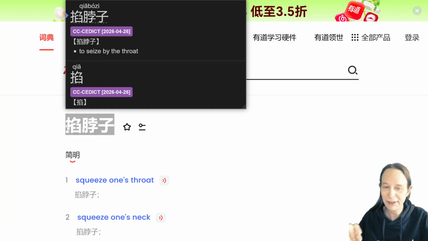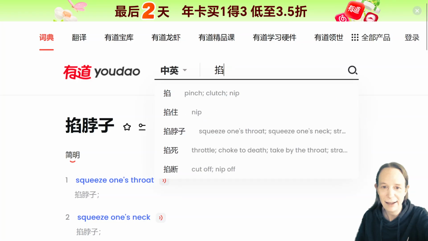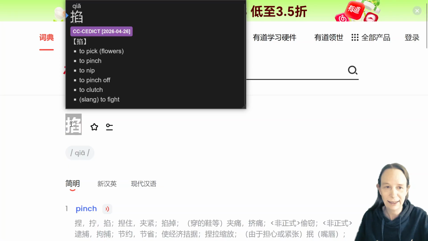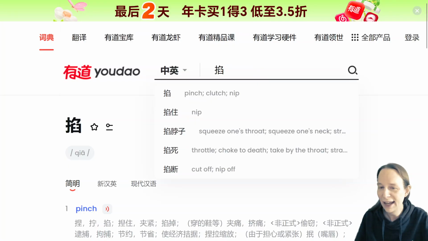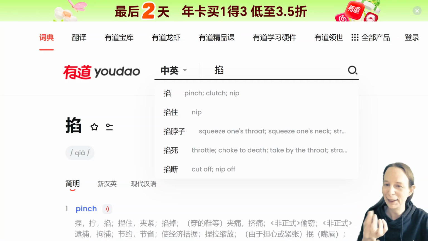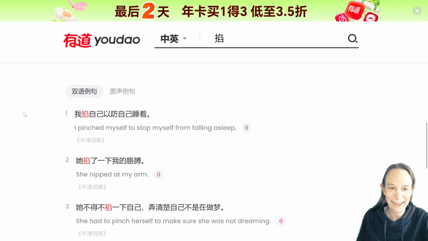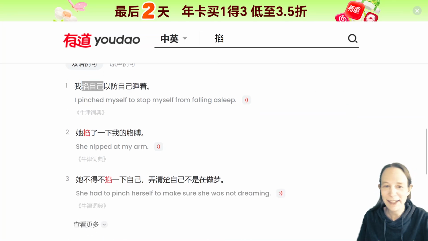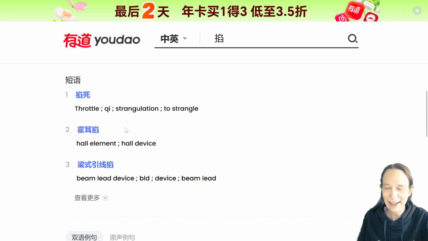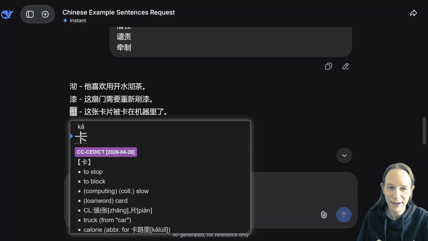Okay, cha is used for like pinching things. What would you cha? I don't know. Use this action for pinching things. I don't know. Cha ziji. Oh, pinch myself. All right. Cha gebo, pinch my arm. Yeah, etc., etc. Okay, so cha.